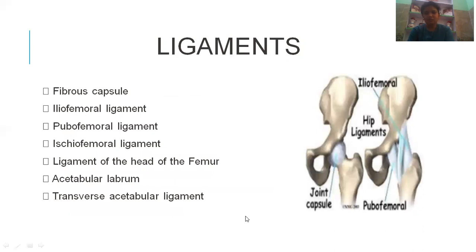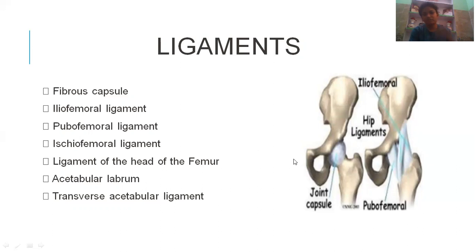Now, what kind of ligaments are supporting the hip joint or provide strength to it? Basically, there is a fibrous capsule which covers the hip joint externally.